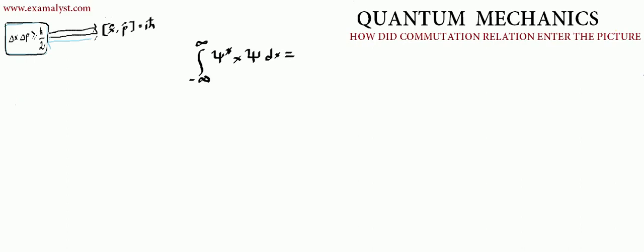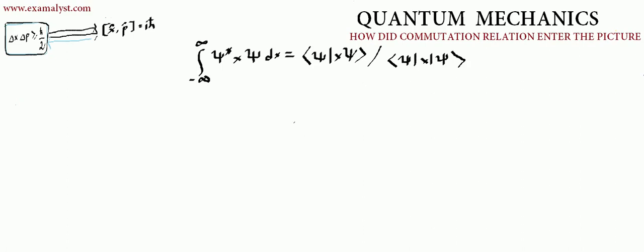This can be written in the Cat-Bra notation as psi. Since x is acting on psi, either you write x psi here, or you can also write it keeping the x in between, but that too would mean that the x is acting on the psi, that is towards the right. Agreed? This is the notation.